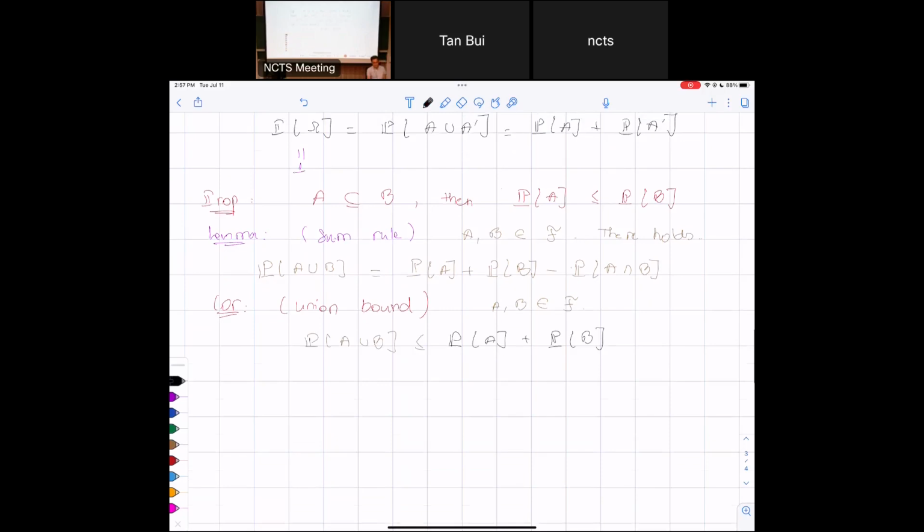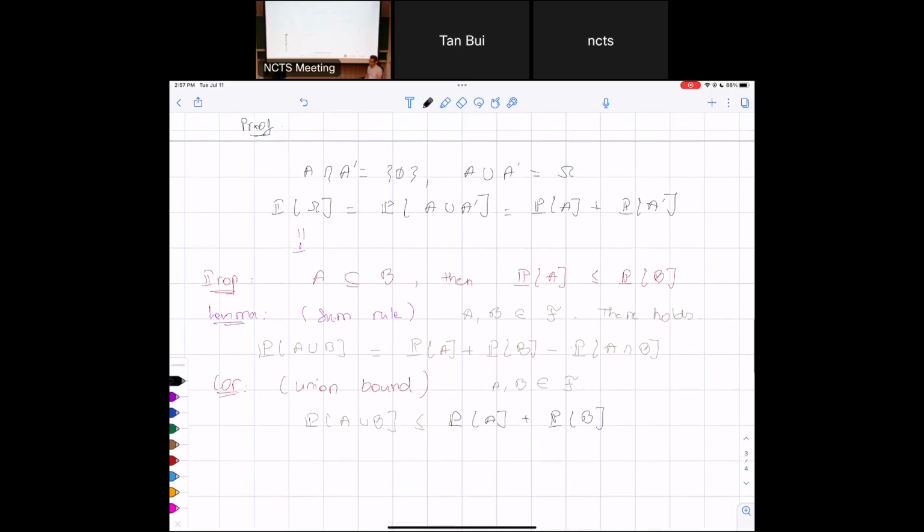Very, very easy to understand, right? The proof of this one is actually obvious from the sum rule. Going from here to here is not even one line, one word, because remember that the probability of any set is always greater than or equal to 0. That's enough to go from here to here.